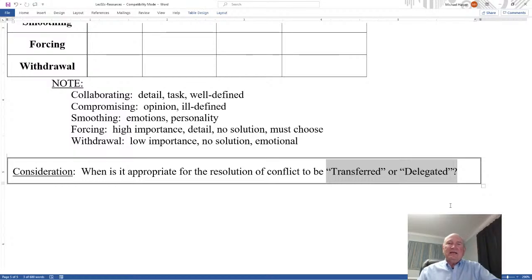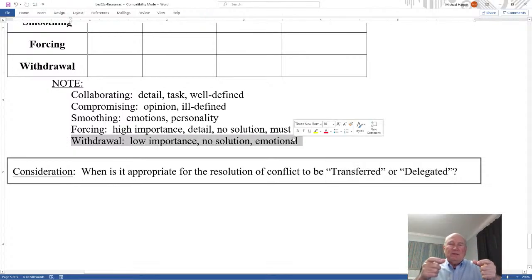Second, when is it delegated? When you delegate something, you're still responsible. You're just letting someone else handle it. For example, delegation with withdrawal. If you have two team members in conflict over a low importance issue but with very high emotion, then you might want to delegate that to each other.